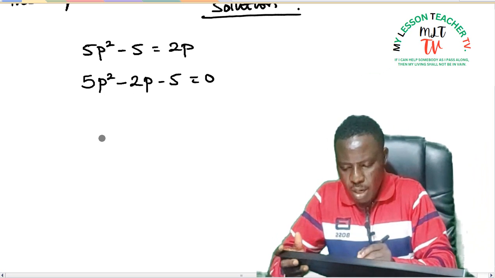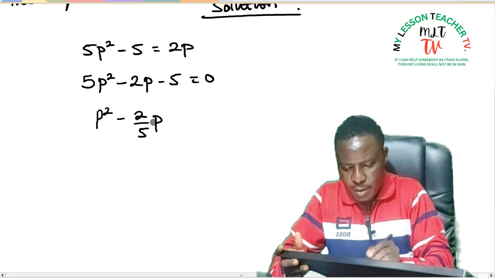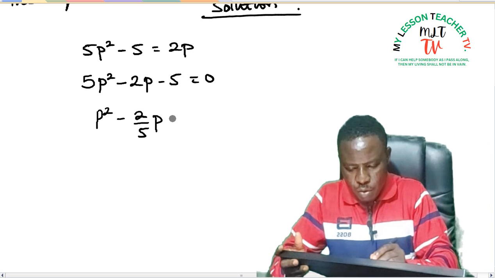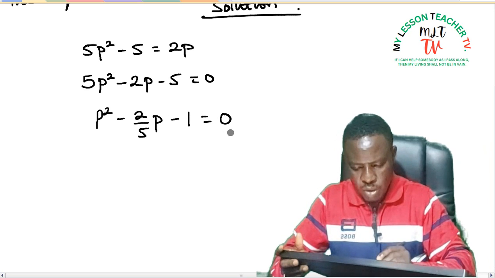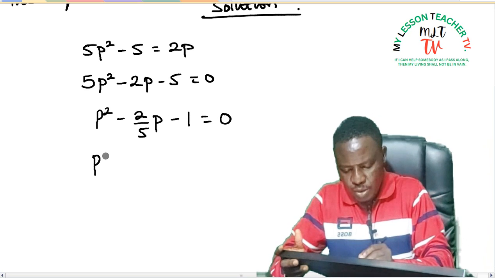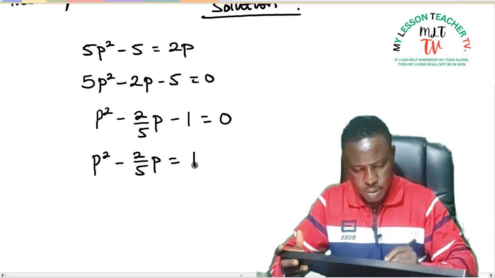So you divide all through by 5. This gives us p squared minus 2 over 5p minus 5 over 5, and 5 over 5 is 1, is equal to 0. Then you move the constant term to the other side of the equation. You have p squared minus 2 over 5p is equal to 1.